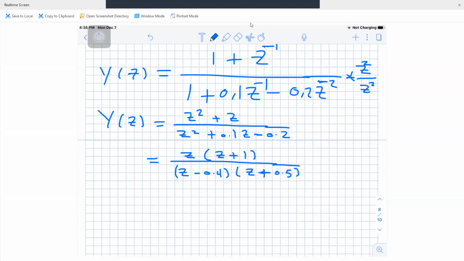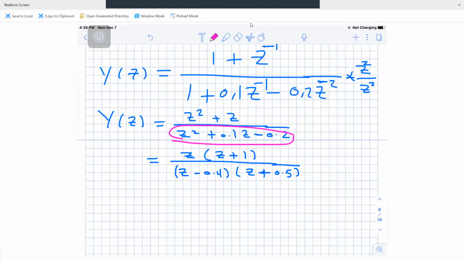Of course, look, please, again, I have another important note here. When you are going to factor this Z square plus 0.1 Z minus 0.2 into two roots, or finding the roots of the denominator, we have a way by which it's called trial and error or anything else. Directly you can use the quadratic formula.